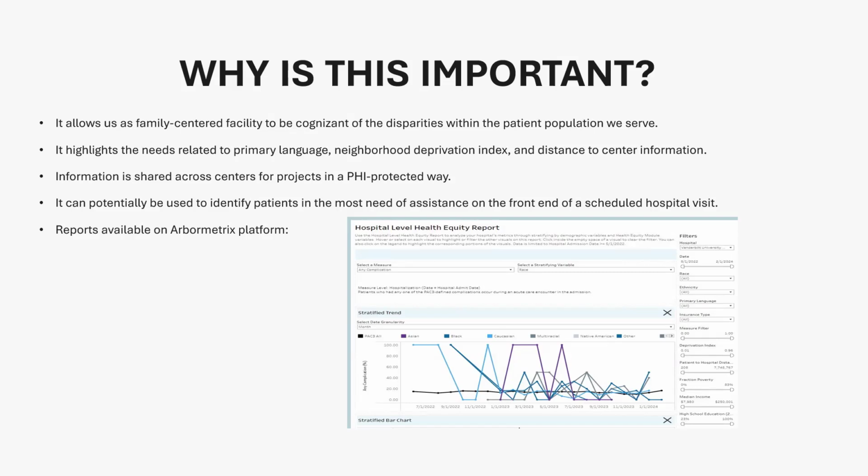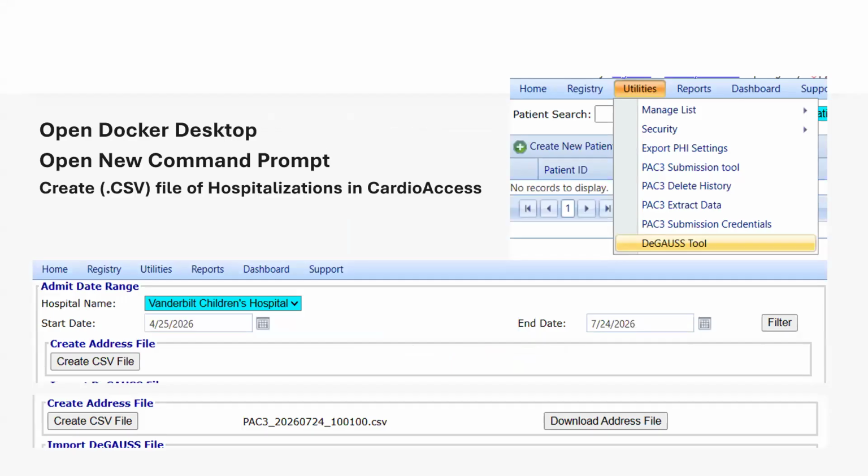One of the things I've been talking about with one of my team members is whether it could be used to potentially identify patients ahead of time before they come into the hospital for a visit. Can we use this information to do that? And then we have reporting information on the Arbormetrics platform, which we can do for different lengths of time. If you want to know different things, what languages, what distances to center, et cetera, those are available on the Arbormetrics platform, which is our reporting platform.